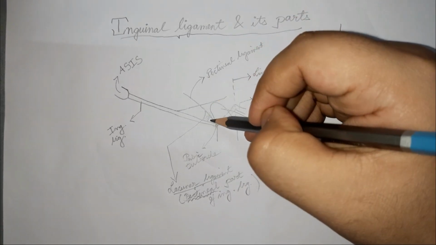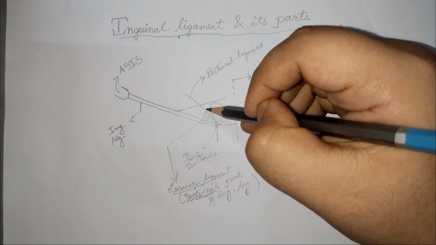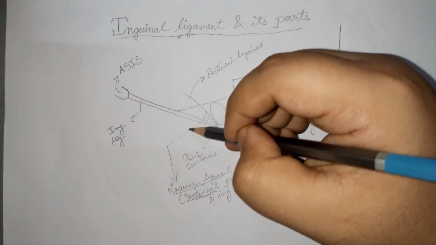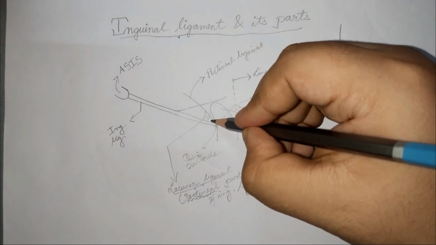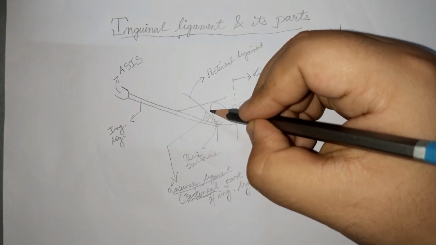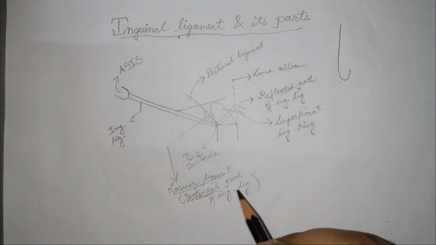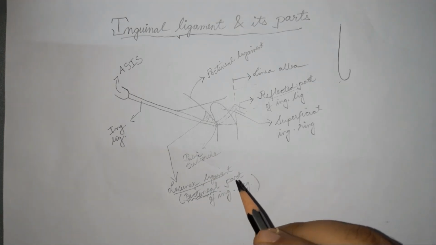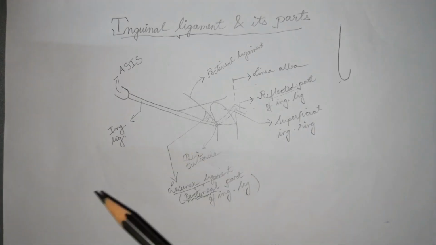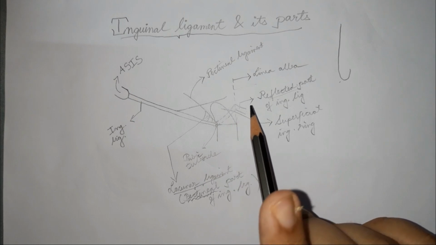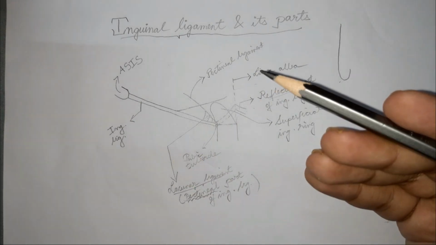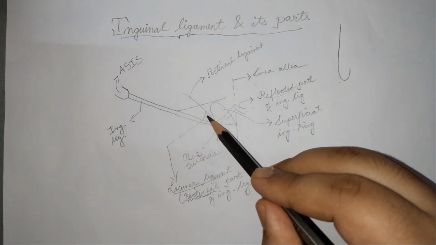Okay, so this is called the pectineal ligament. Posteriorly, this lacunar ligament is attached to the pecten pubis. Remember, I had said that the pectineal part of the inguinal ligament, this part is coming in the name. It has a pecten pubis attachment, along the posterior part.